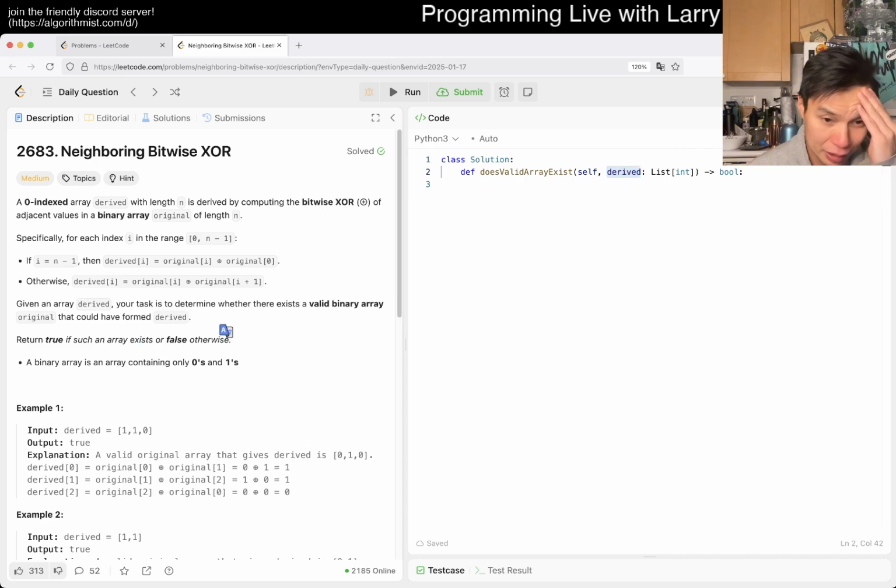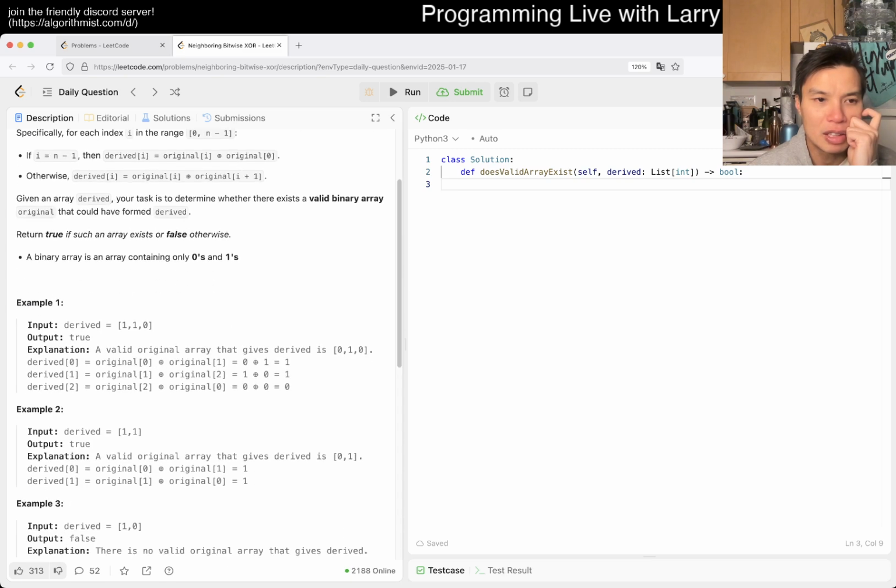What does that even mean? Oh, this is a circular thing, is what this is saying. Well, this part is saying anyway. Given a derived array, does there exist a valid binary array original that can form derived?